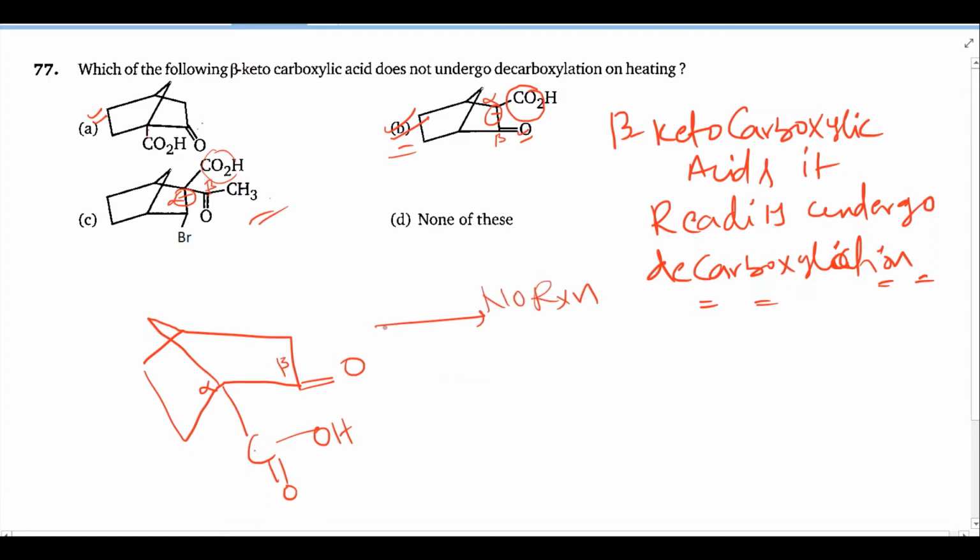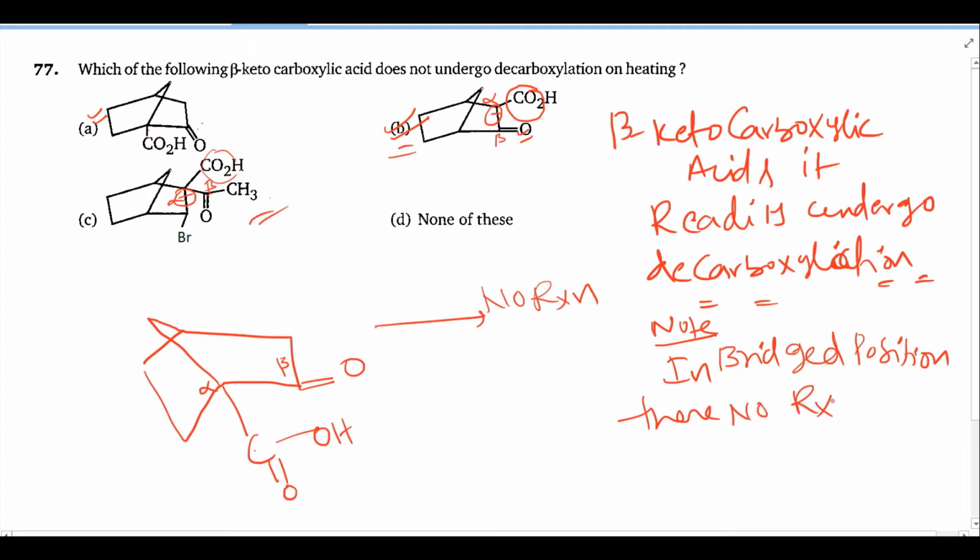Why is there no reaction? I want to make a very, very important note here: bridged position. In the bridged position, there is no reaction. No reaction means no elimination, addition, substitution or rearrangement, whatever.